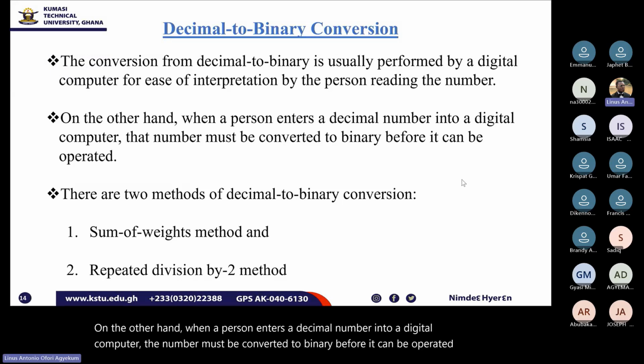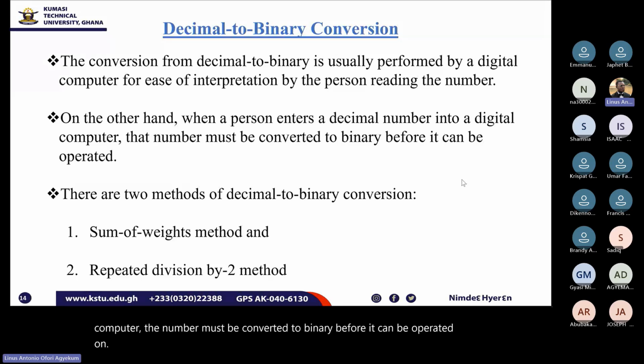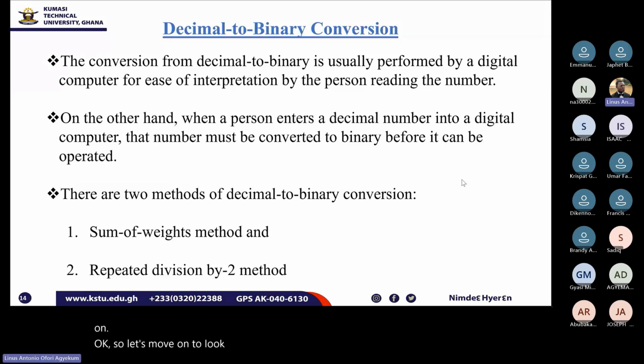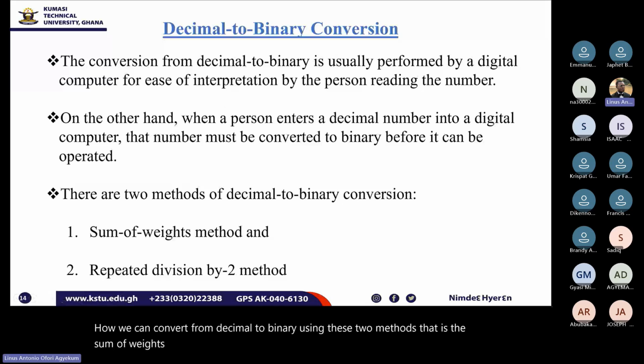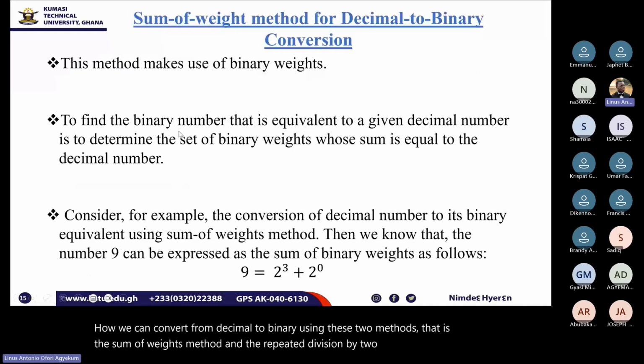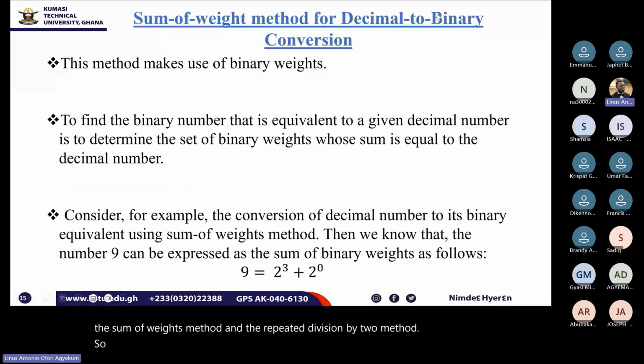Okay, so let's move on to look at how we can convert from decimal to binary using these two methods. That is the sum of weights method and the repeated division by 2 method. So the sum of weights method for decimal to binary conversion. This method makes use of binary weights.